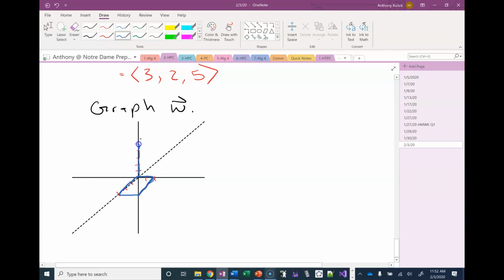So I'll draw up and then over. And then we can do that one up. Okay. And so the point that we're interested in is the one here. So my vector kind of looks like that.